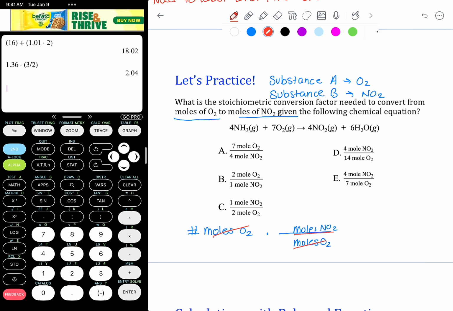We now have to figure out the numbers that are going to go in front of that. We get those values from our balanced equation. So we look to O2 and we see what its coefficient is. The number out in front is 7, so we put that there. And then we look to NO2, and the number out in front of NO2 is 4. So that is the valid ratio to convert from moles of O2 to moles of NO2. So that would be letter E.